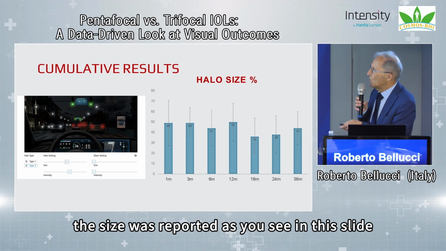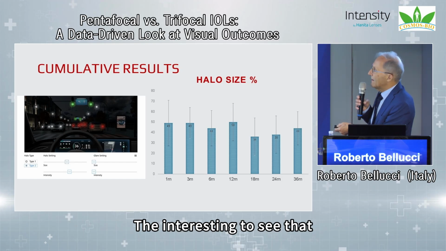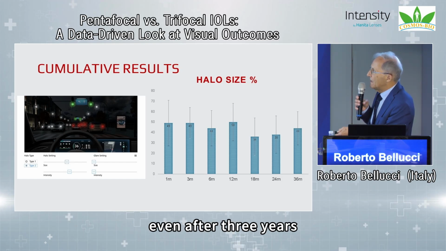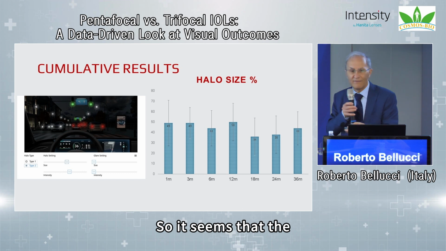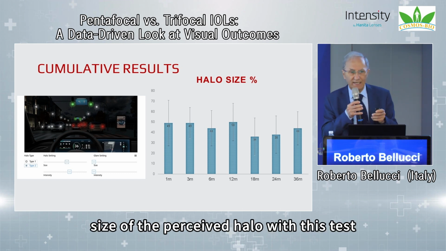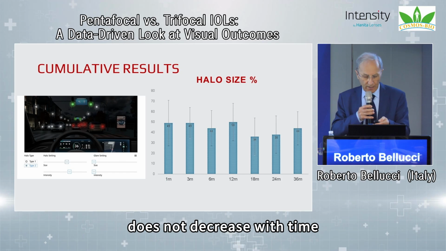And the size was reported, as you see in this slide. It is interesting to see that even after 3 years, the size of the halo is similar to the size of the halo after 1 month. So it seems that the size of the perceived halo with this test does not decrease with time.